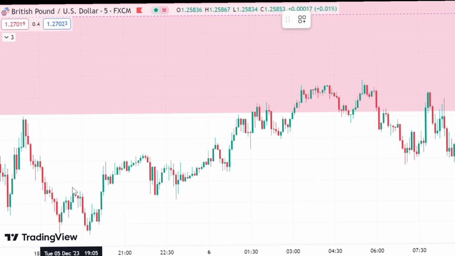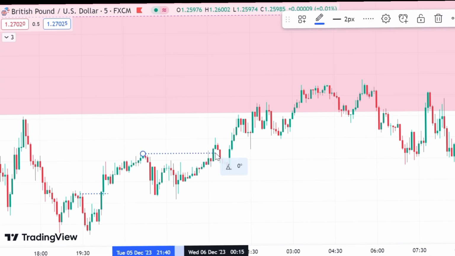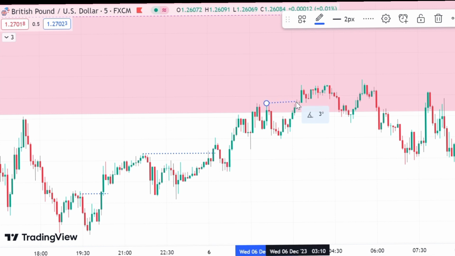So from here we have a break in structure. We have a break in structure telling us it's an uptrend.